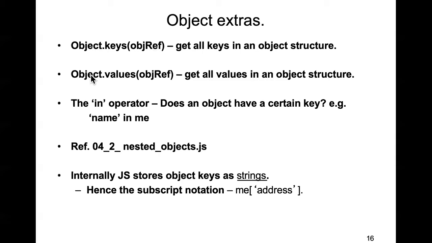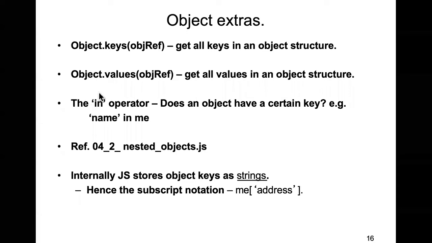Equally, you can get at all of the values in an object using this approach here. The in operator, it's not a property, the in operator, is nice. It allows you to express a condition test where you want to check whether an object has a particular key or not.